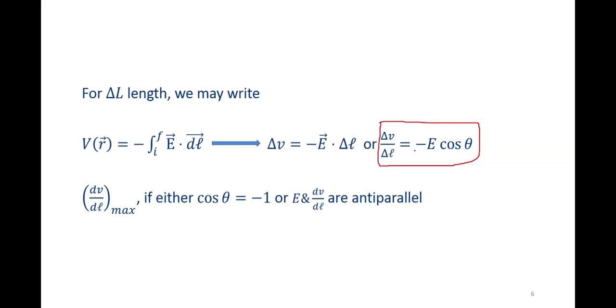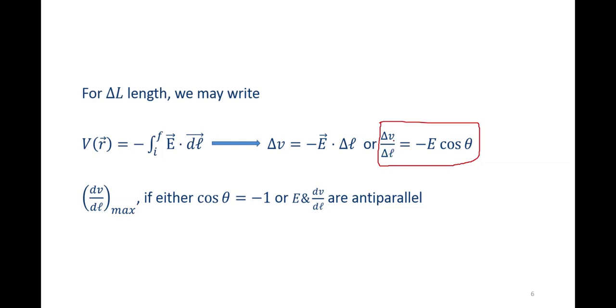As we have defined, the gradient is basically the maximum variation of any scalar quantity in a specific direction. So looking at this relation, we will decide what we should do to get maximum variation in incremental potential with respect to the length.